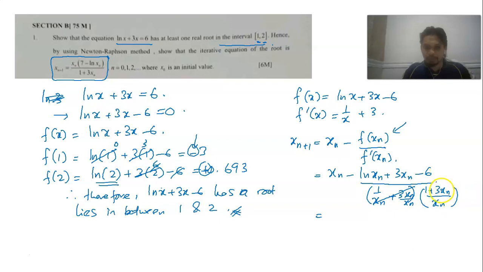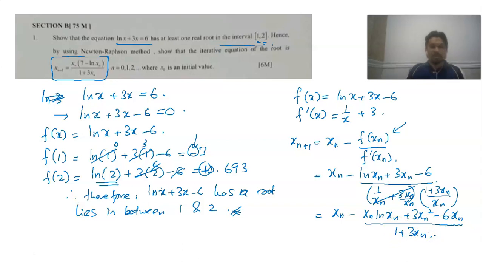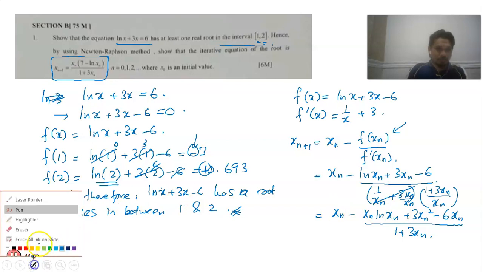So bring up here, it's going to give you x_n minus x_n natural log of x_n plus 3x_n squared minus 6x_n, okay, and everything divided by 1 plus 3x_n. Quite complicated to show this part here.